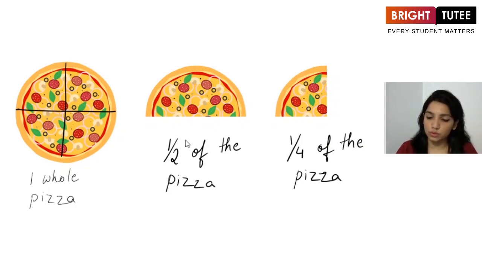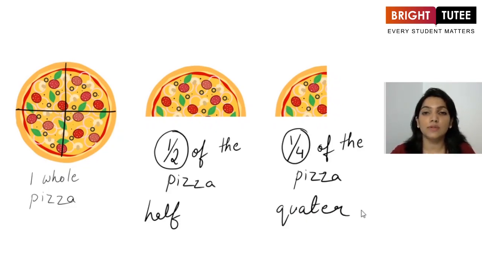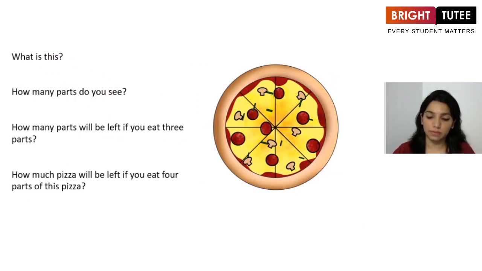This 1/2, we call it half. Similarly, this 1/4 is called a quarter. This is a real example of where you deal with such fractions. Now let us see some more examples here.